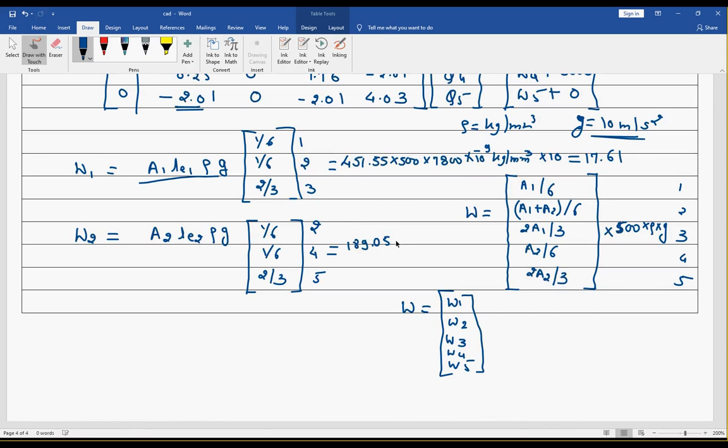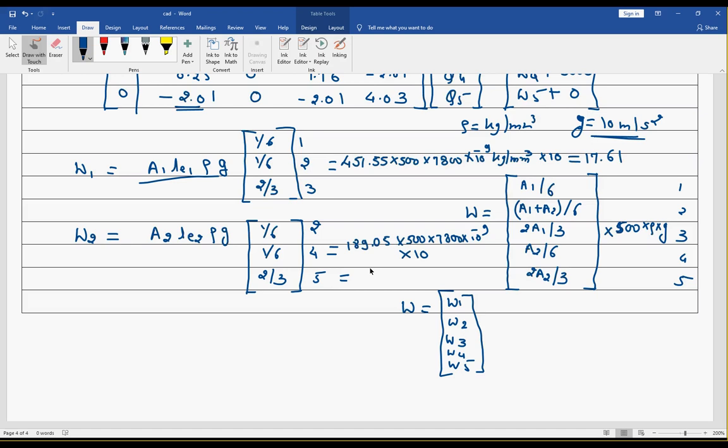I am taking just two decimal places. You may have a more accurate answer, obviously. 500 into 7800 into 10 to the power minus 9, and of course that will be into 10. So you can calculate this value and let me know.